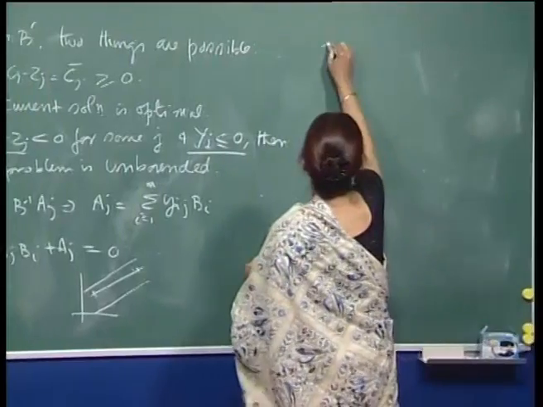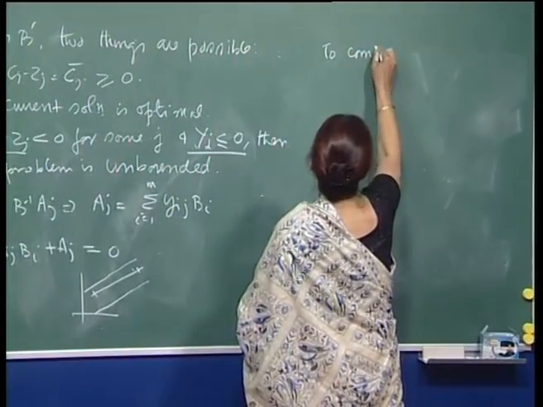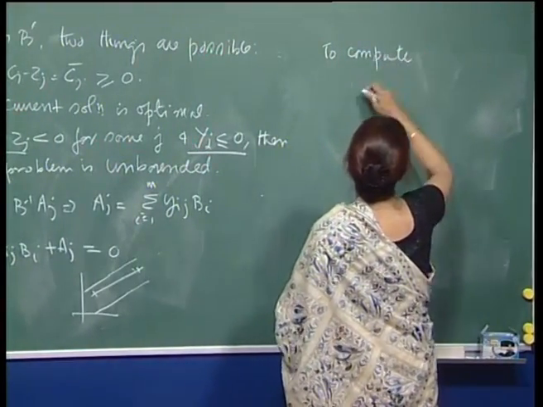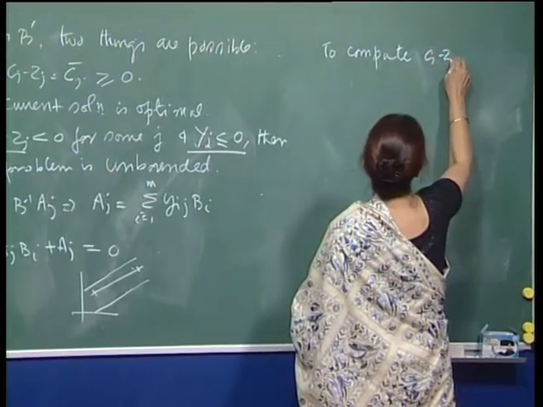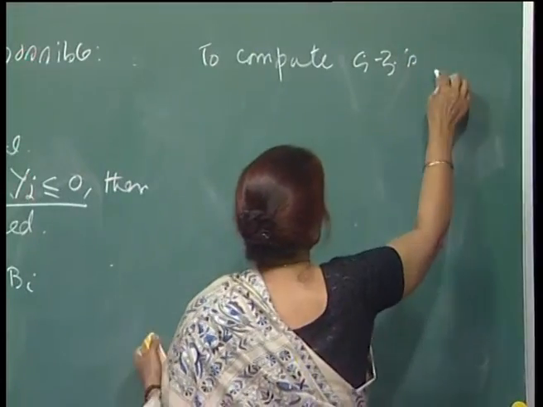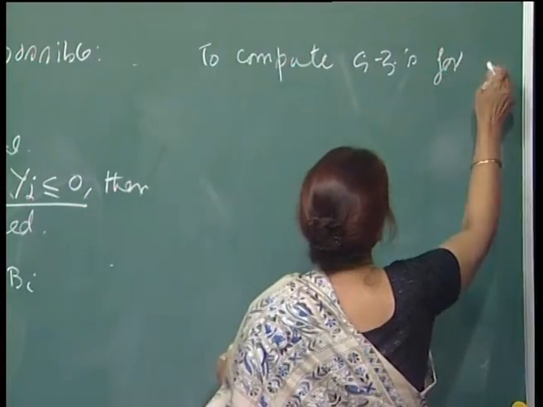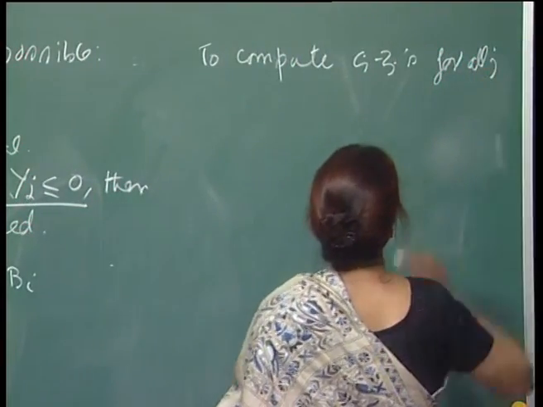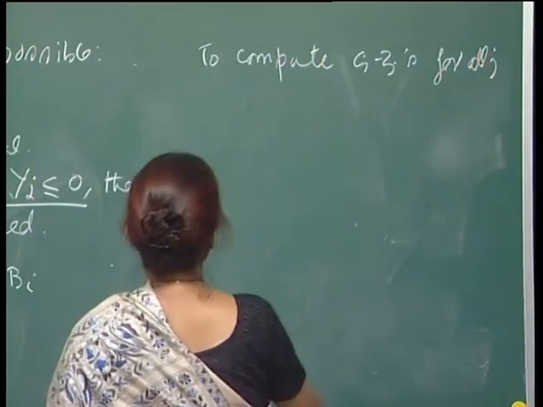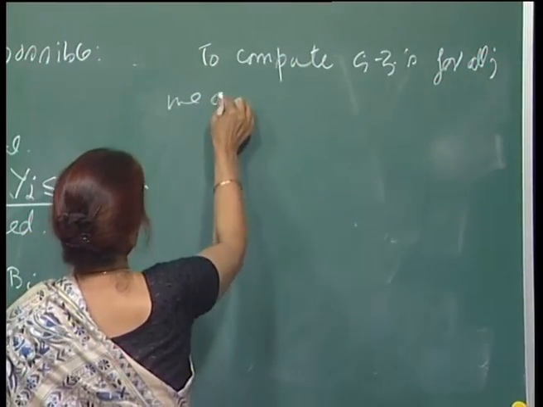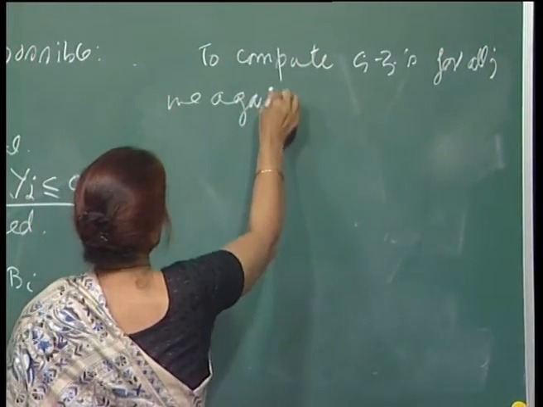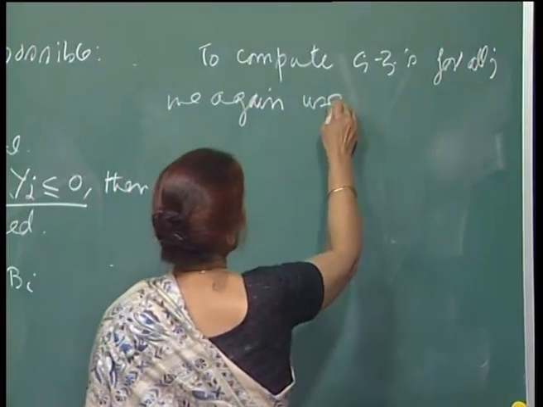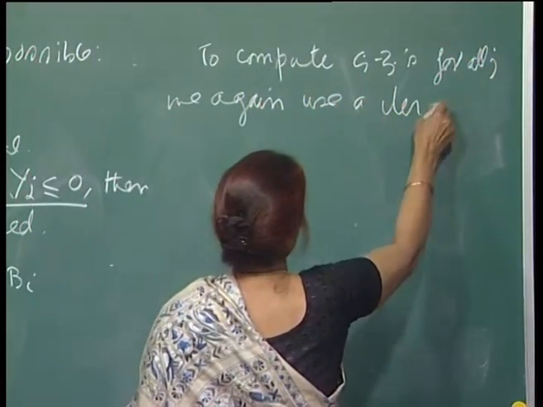So, to compute Cj minus Zj's for all j, we again use an iterative scheme.